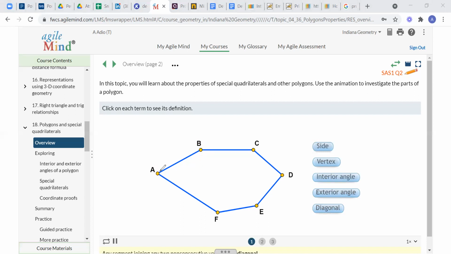You have to jump B to go to another one. So this is a diagonal. This is not a diagonal from A. This is another diagonal. There cannot be a diagonal between A and B and A and F because those vertices are next to each other, okay? When these vertices are distant from each other, they can form a diagonal, okay?